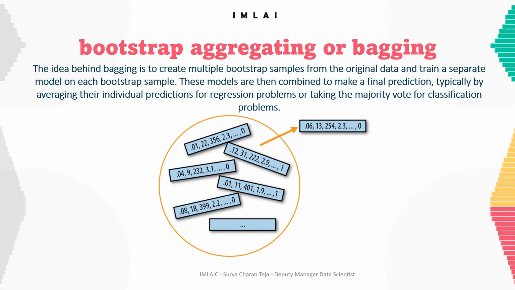The reason why this works is that each bootstrap sample is slightly different from the others, and the models trained on them may capture different aspects of the underlying relationship between predictors and the response variable. By combining these models, we can reduce the variance of the predictions and improve the accuracy of the overall model.